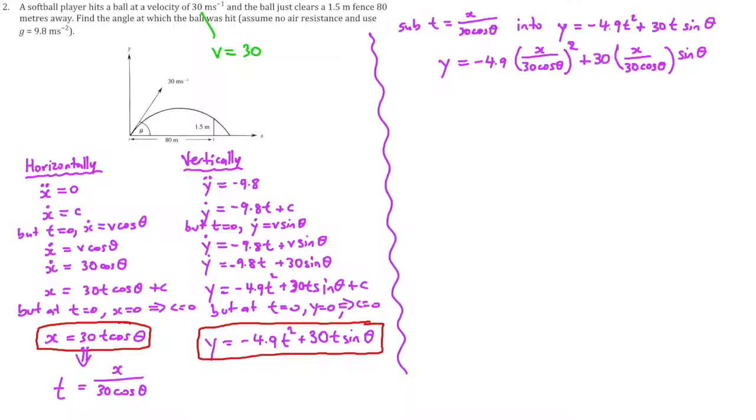So it's going to equal, now, I'm going to get an x squared, and I'll get a 30 squared cos squared. So I'm going to get minus 4.9 x squared over 30 squared, which is 900, cos squared theta, plus, now when I look at this next bit, 30 and the 30 cancel, sine over cos is tan, so I just get plus x tan theta.